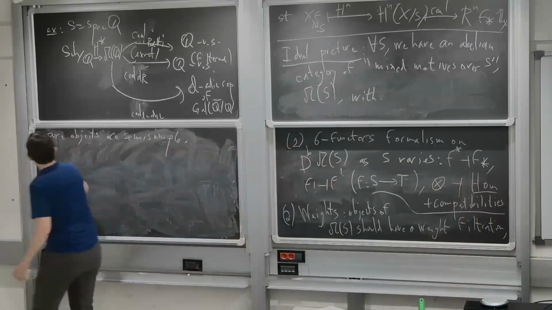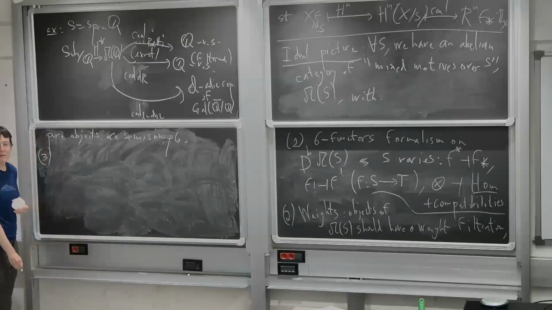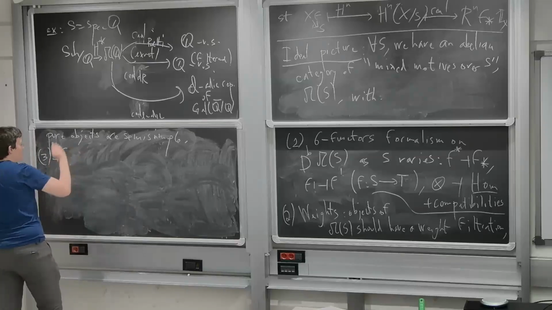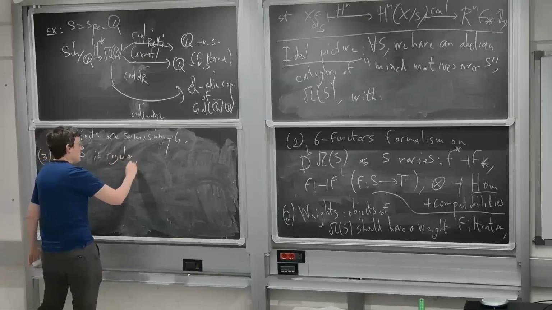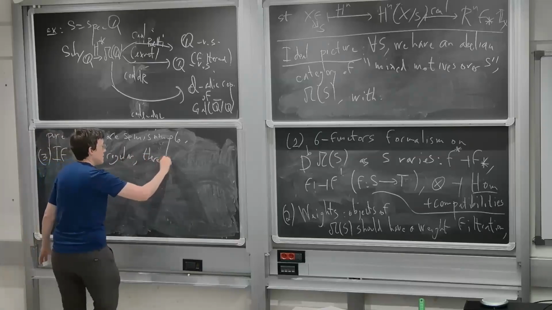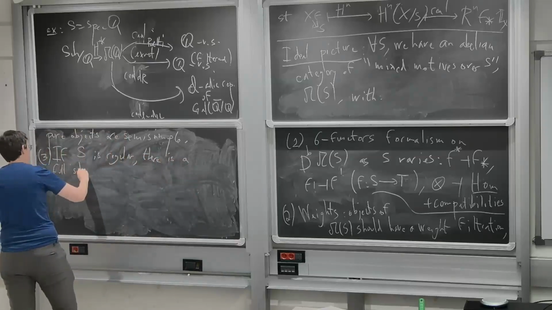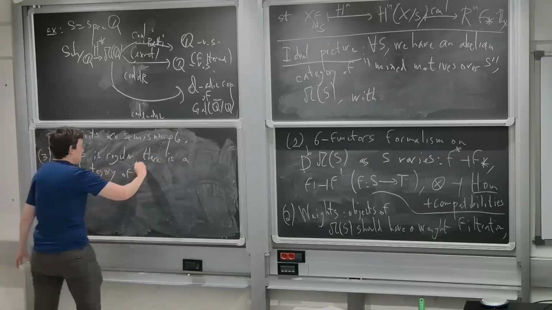And the third thing is the Tannakian-ness that I almost wrote, but it wasn't quite true. It's not true for M of S, but if S is a field or if S is regular, there's a full subcategory of these objects.